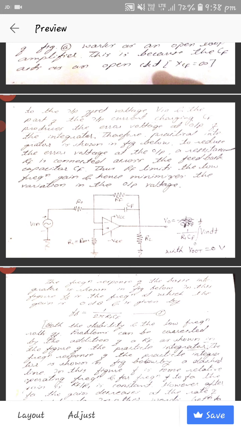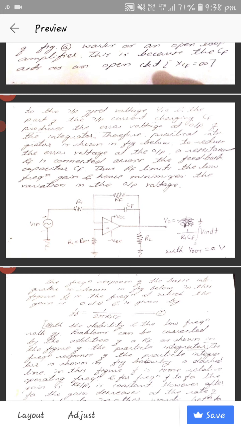Part of the output current charging CF produces the error voltage at the output of the integrator. Here the capacitor is used for charging and discharging. CF capacitor charging produces the error voltage at the output.